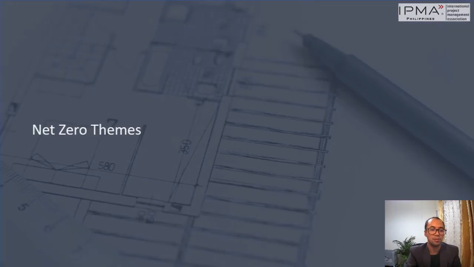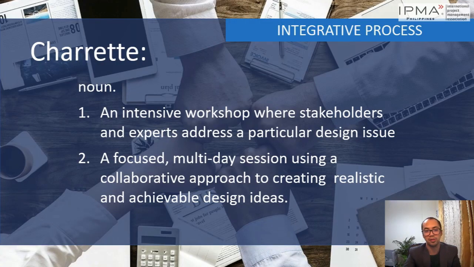So there are several themes in net zero projects. One of the themes here is the integrative process. The integrative process is the center of the success for achieving net zero.